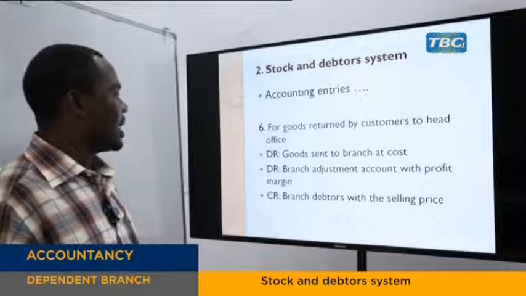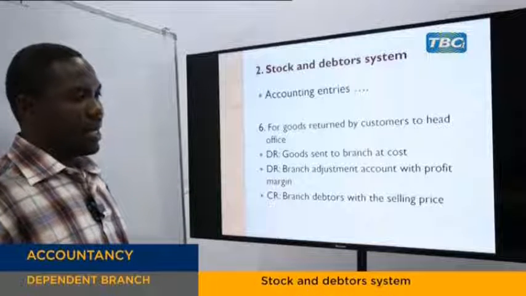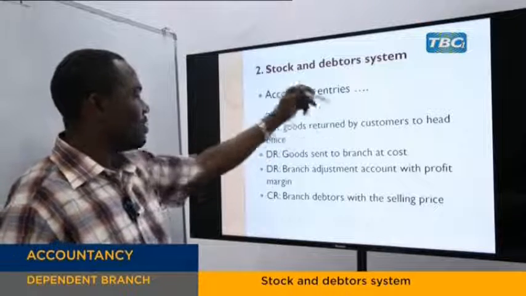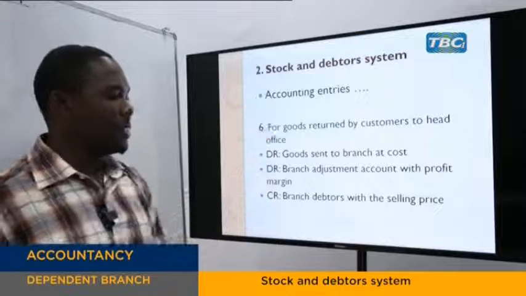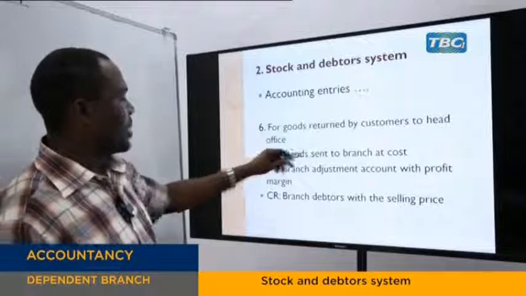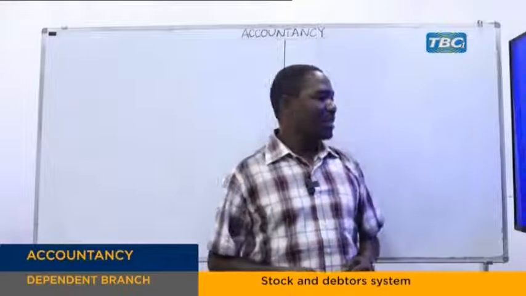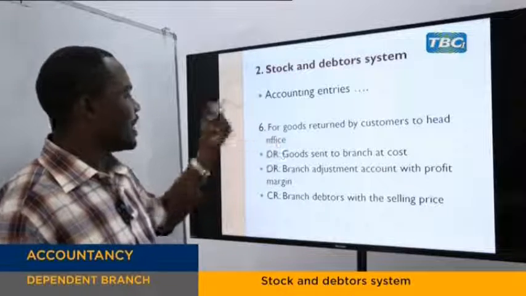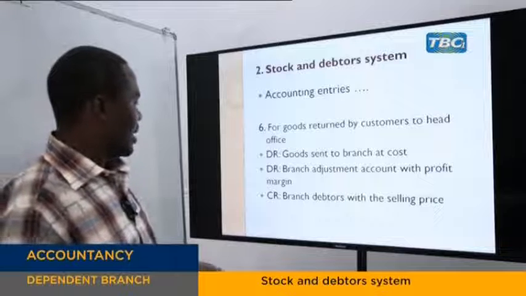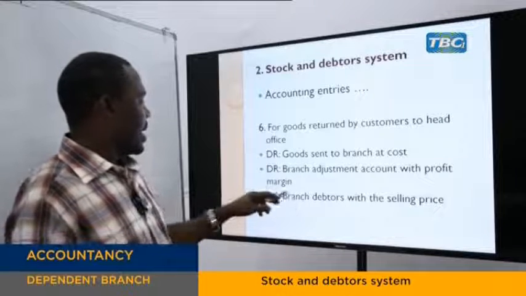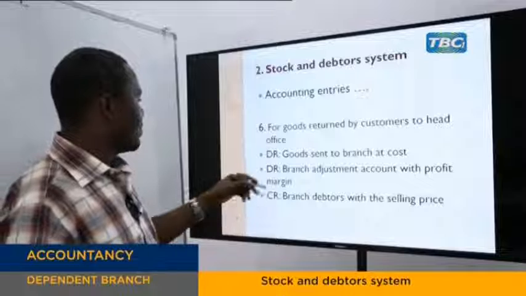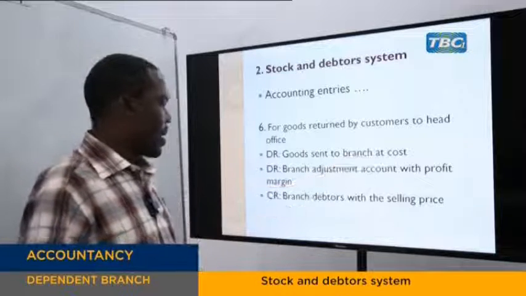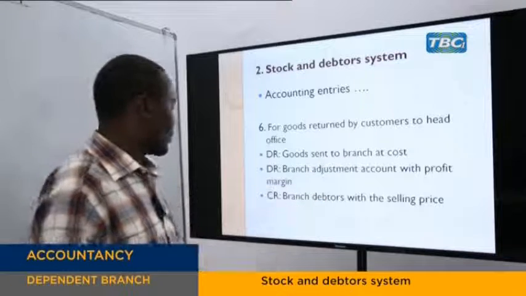For goods returned by customer to the head office, it may happen that the customer returned these goods not to the branch but direct to the head office. So remember, the goods sent is recorded at cost, and whenever the customer returns direct to the head office, we are going to adjust this by debiting goods sent account but at cost.